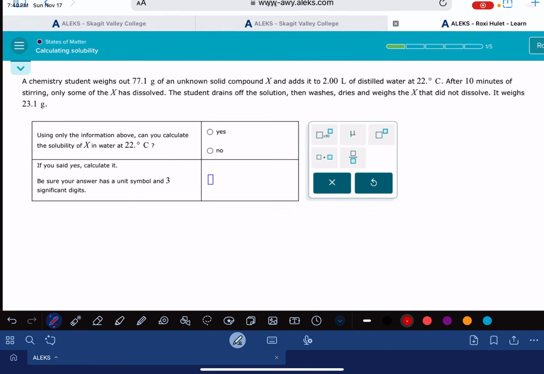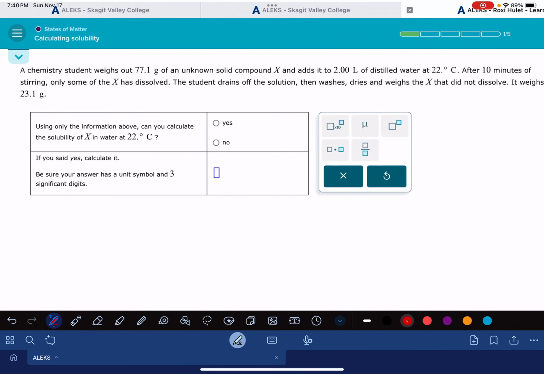Let's see if there's more. There is more. Oh man, okay. Here we have 77.1 grams, 2 liters. After 10 minutes, only some of it has dissolved. So that means that the solution is saturated, again, because it's not completely dissolving, because we have some solid in the liquid.